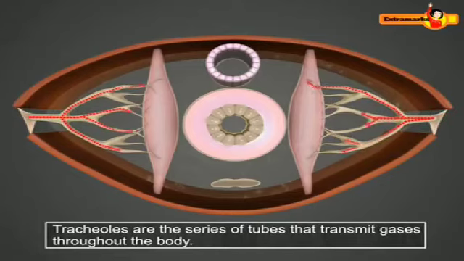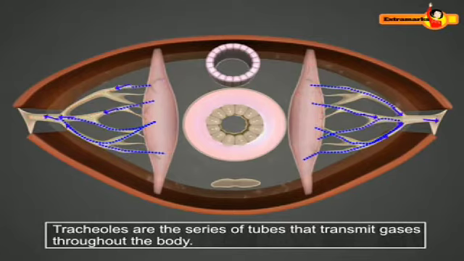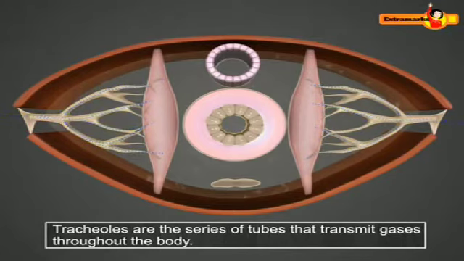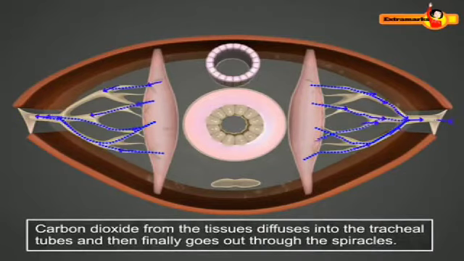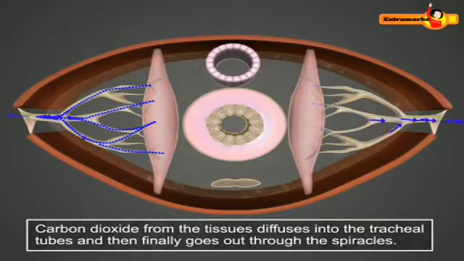Oxygen diffuses into the body tissues from the tracheoles and finally gets absorbed by all the cells of the body. And in return, carbon dioxide that is produced as a byproduct from the cells is released by the cells of the body. The carbon dioxide from the tissues diffuses into the tracheal tubes and finally goes out through the spiracles.